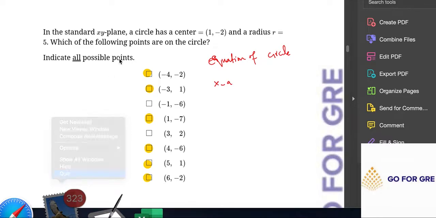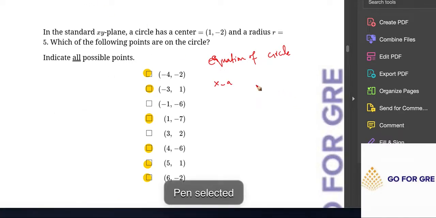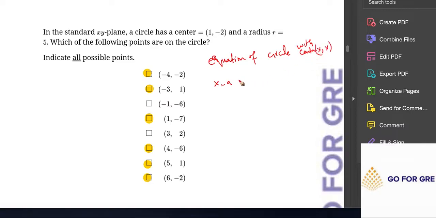Equation of a circle with center a, b: x minus a square plus y minus b square is equal to r square.